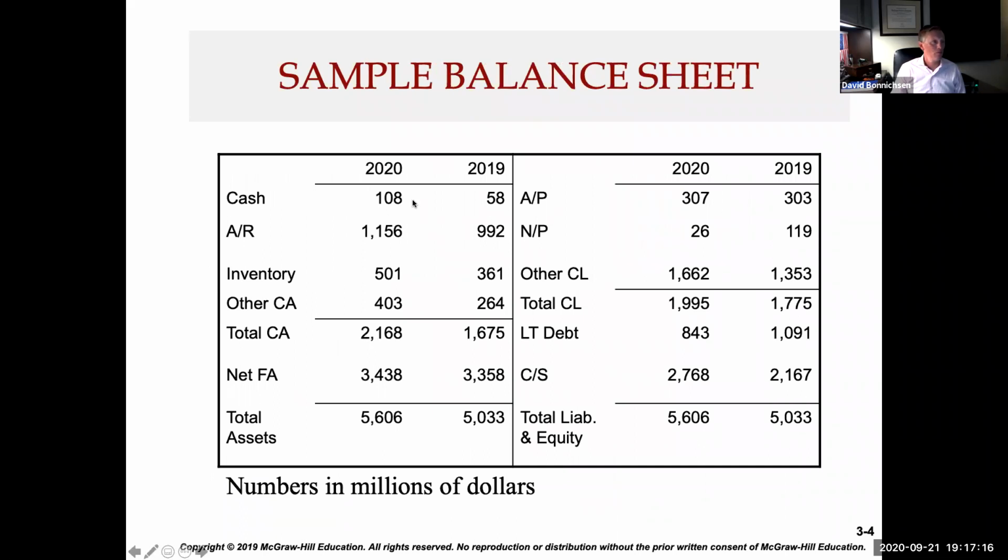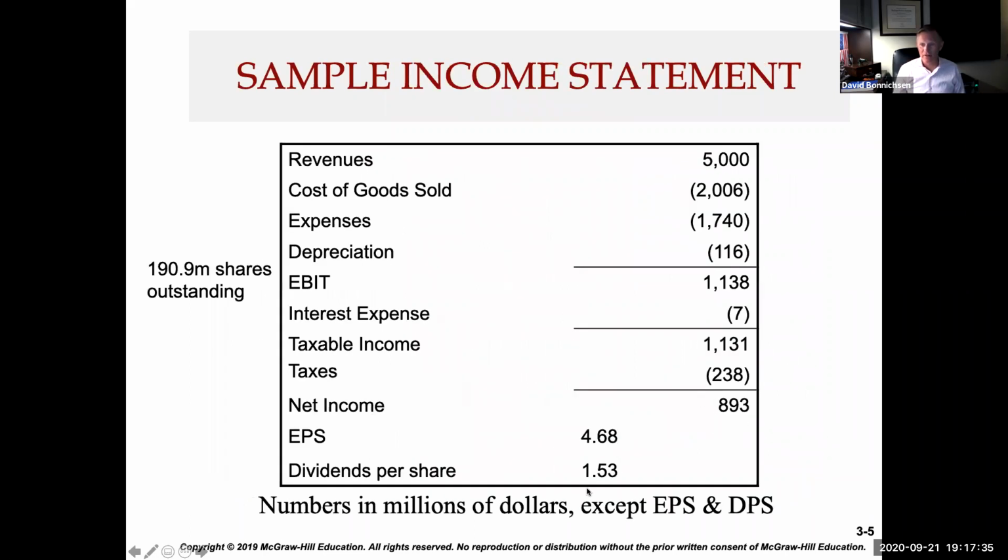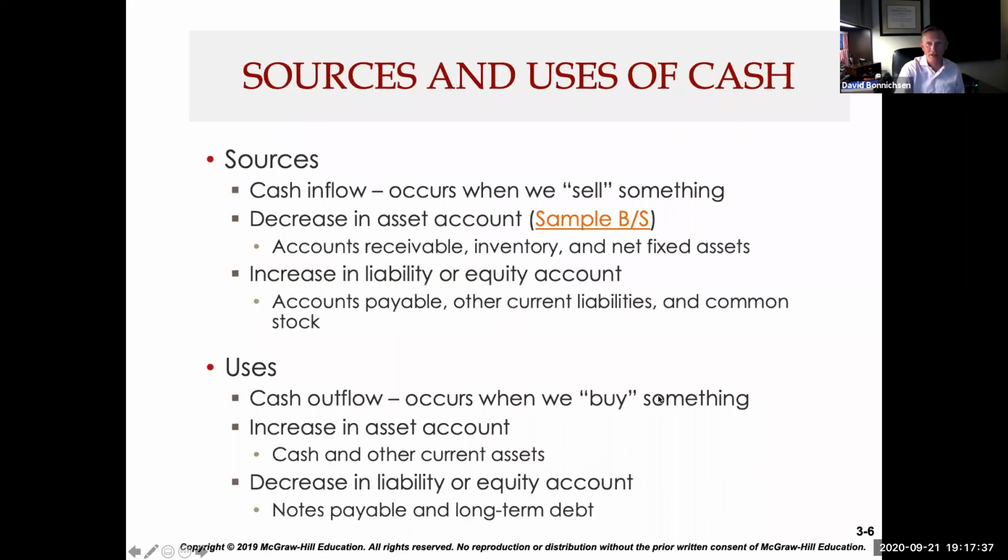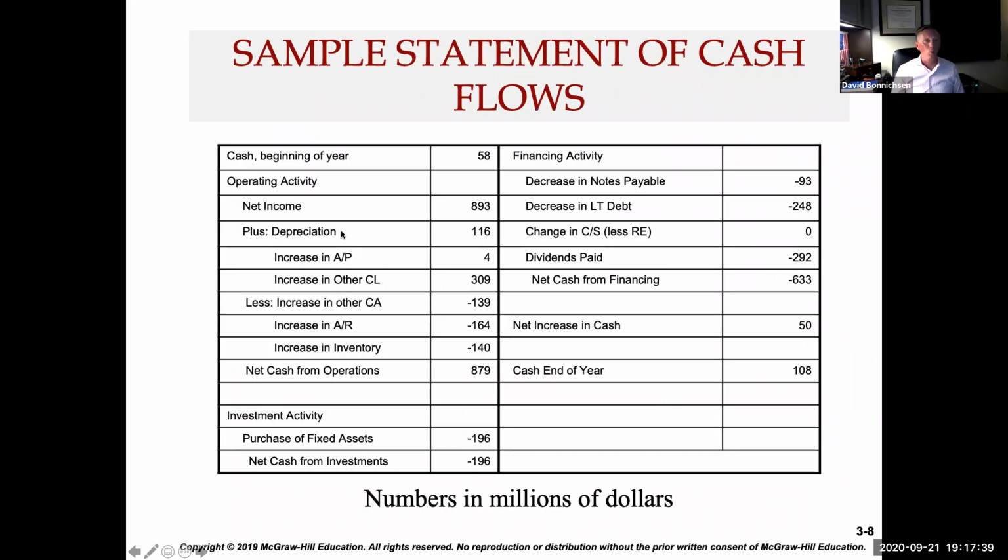So that entire cash flow statement was geared around explaining the difference between 58 and 108, using all of this information on the balance sheet, as well as the net income and dividends paid out on the income statement, to get us the walk, the bridge, the waterfall from the beginning of the year to the end of the year.